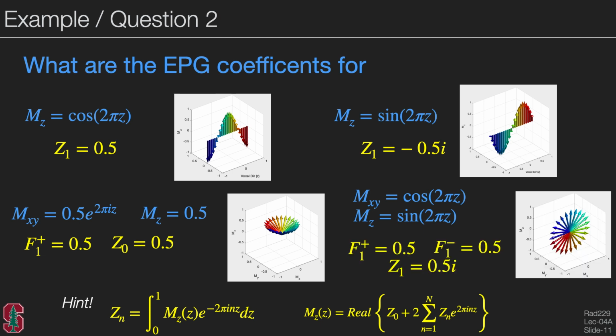The disk looks like this at right, and the way this is represented is with F plus of 1 equals 0.5, F minus of 1 equals 0.5, and z1 is equal to 0.5i. This gives a disk of basically radius 1 here. Notice again the z1 coefficient is actually doubled because of the one-sided representation for the longitudinal magnetization.